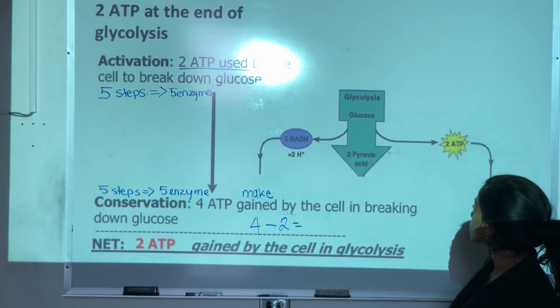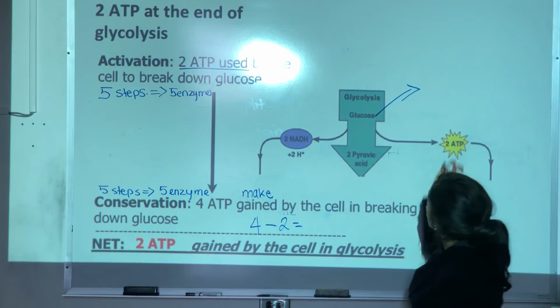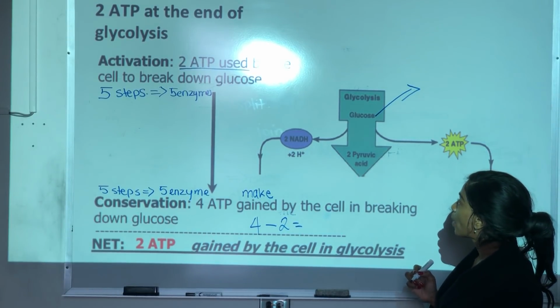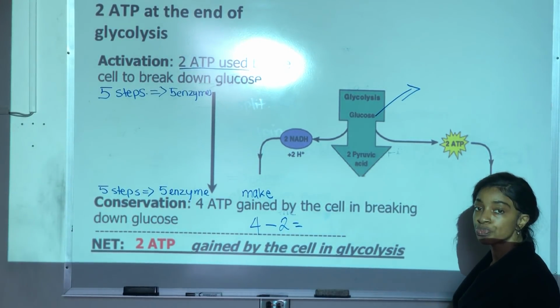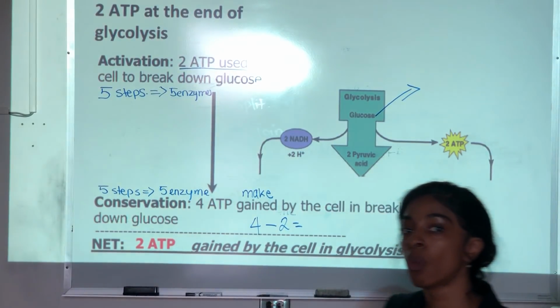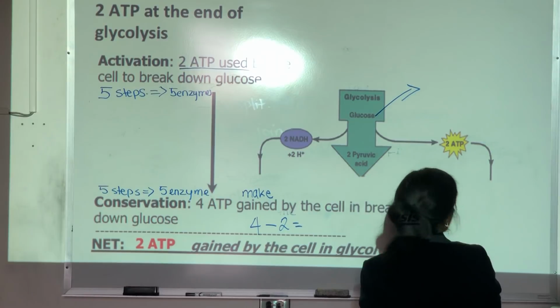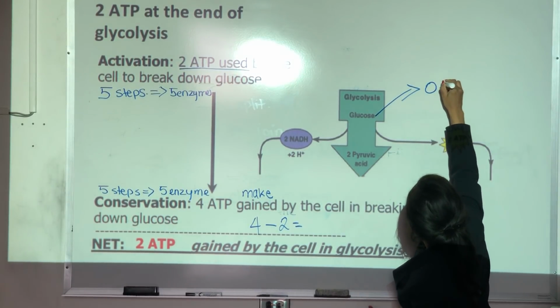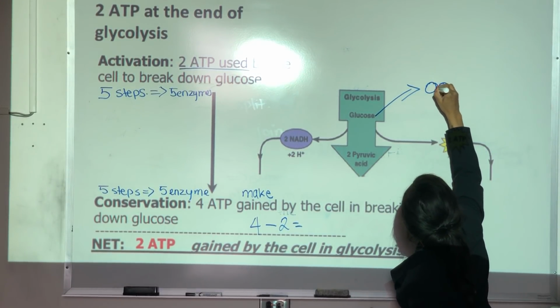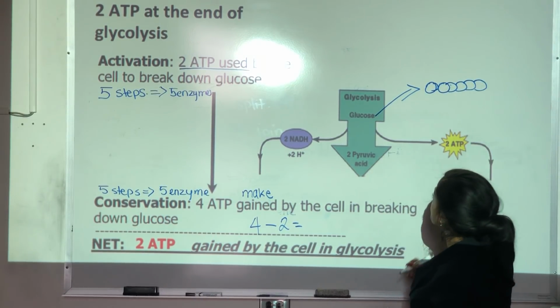I do want to go over some of the representations here as far as glucose. So for glucose in our model, we learned the structure of glucose, and for our model we represent it a certain way. And we use our dots, our circles. So how do we represent glucose? Okay, glucose should have 6 dots. All right.